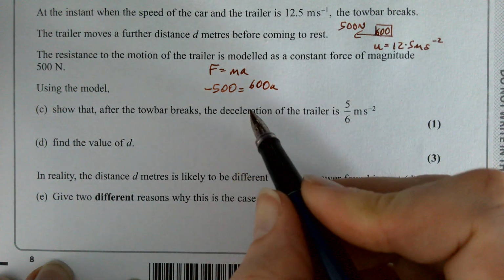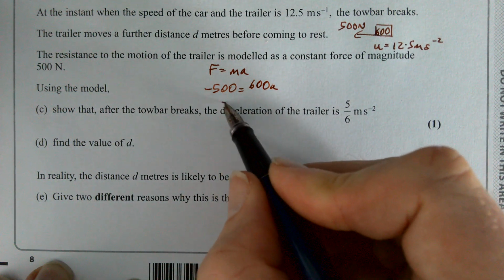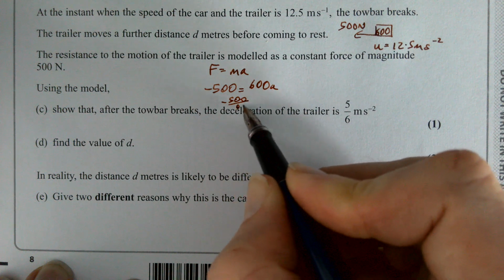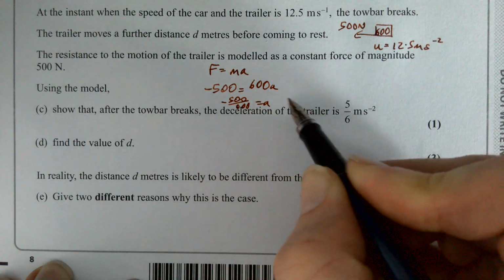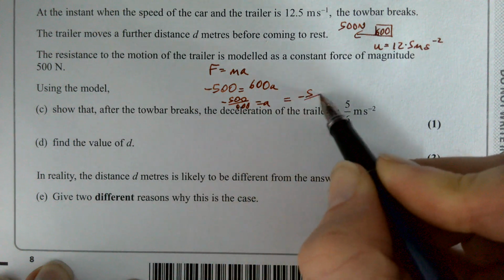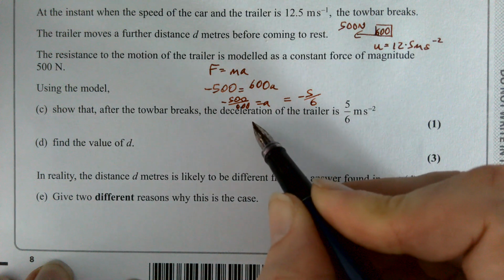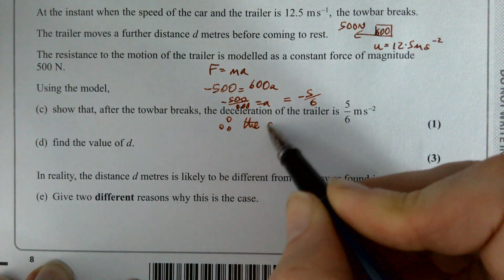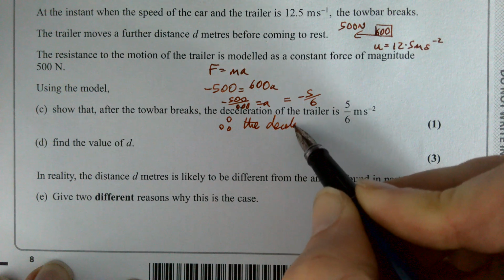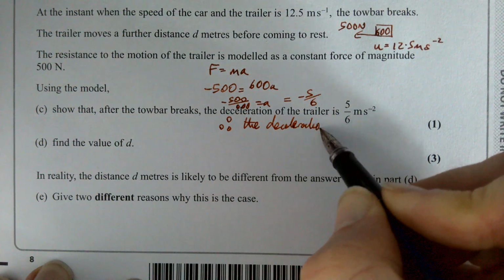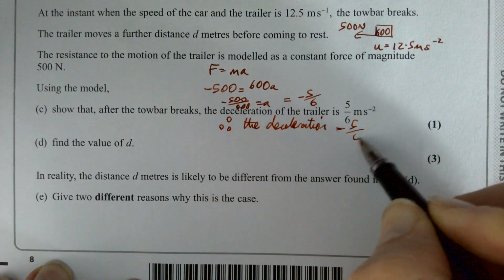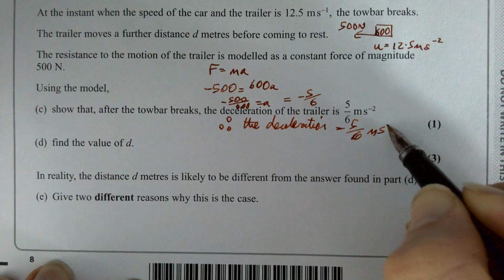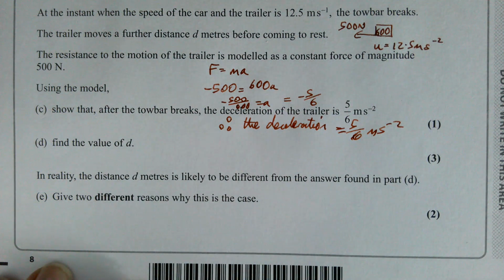So then you can just say minus 500 over 600 is equal to a, which is equal to minus 5/6. Therefore the deceleration equals 5/6 meters per second squared.